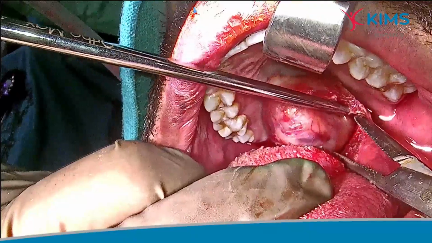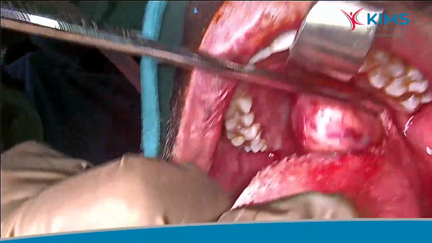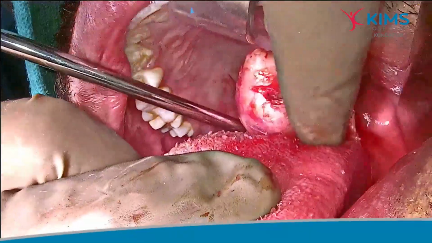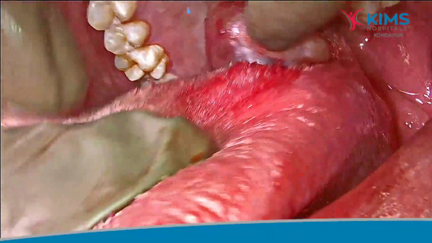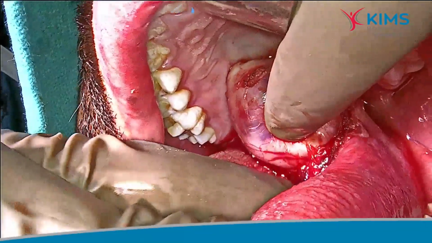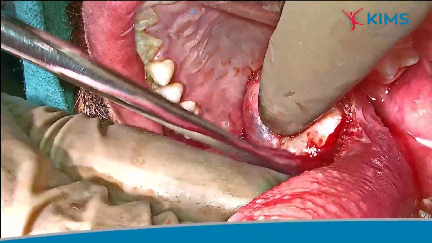That is the posterior part of the tumor taken care of, going along the plane. And we are also using the artery forceps to secure the dissection plane.